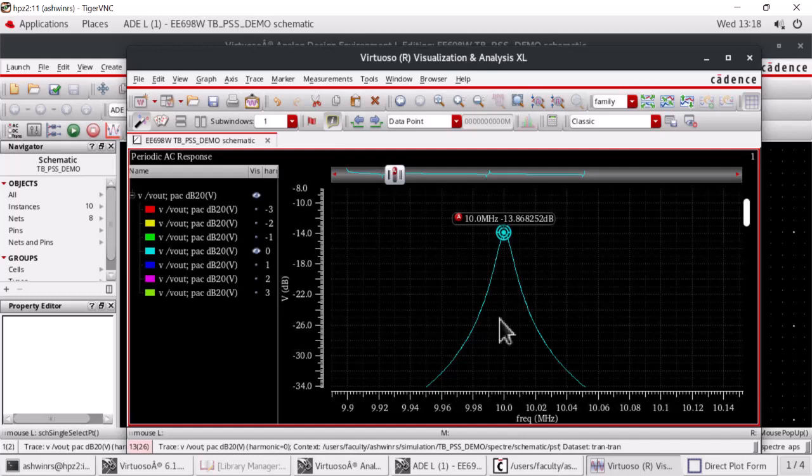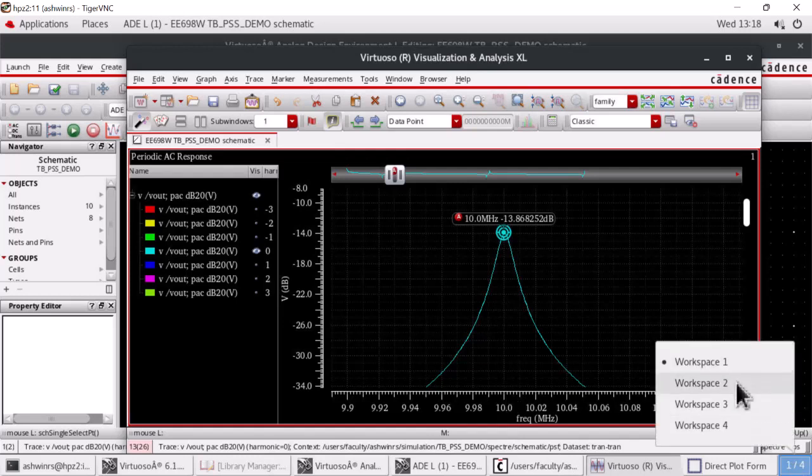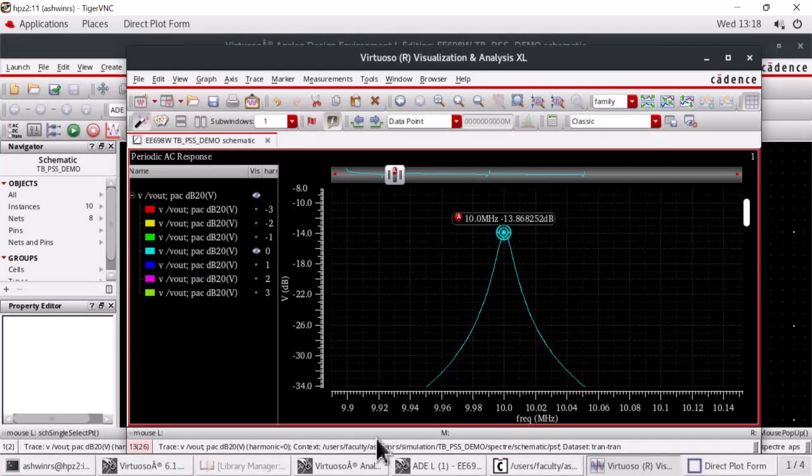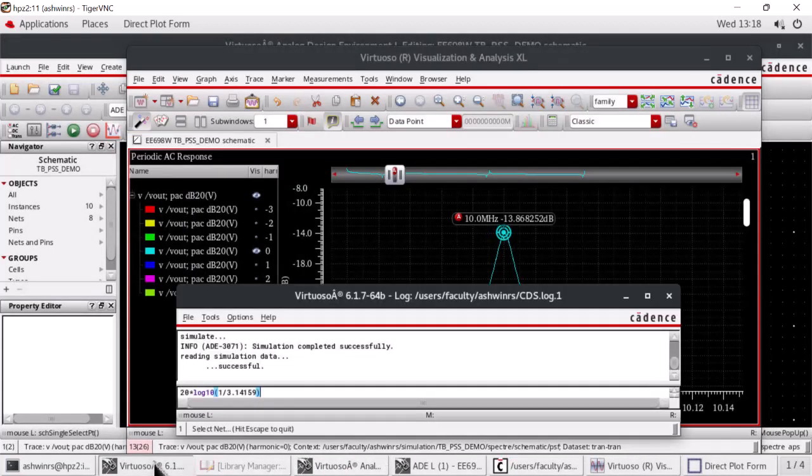I mean, I'm applying an input at f and observing the output also at f. H0 of Fs, right? Input is at Fs, output is also at Fs. H0 of j2πFs, and this is what we calculated earlier, and that's 2 by pi square. And let's also confirm it quickly. So this is 2 by.